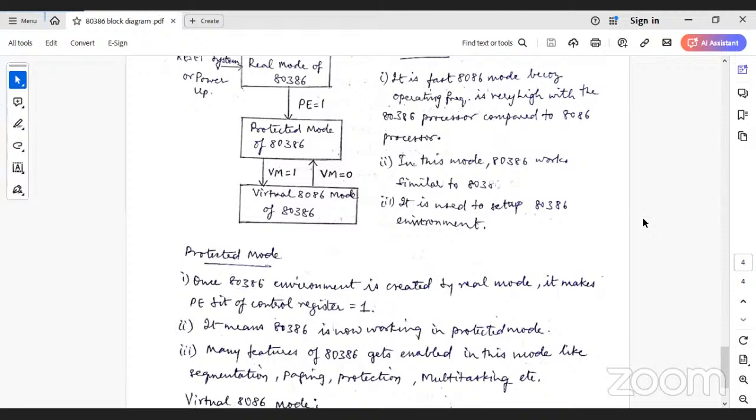MVI means, if I is coming, it means the data is in the instruction. The simplest way to understand. If I is there, MVI means the data is in the instruction only. So if you take such instructions where data is in the instruction only, then the program also will be very small.